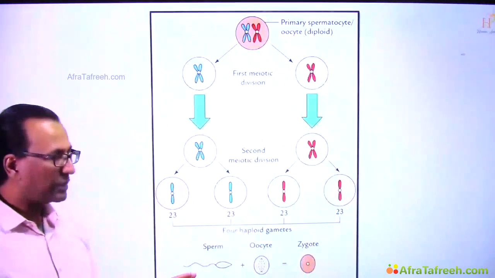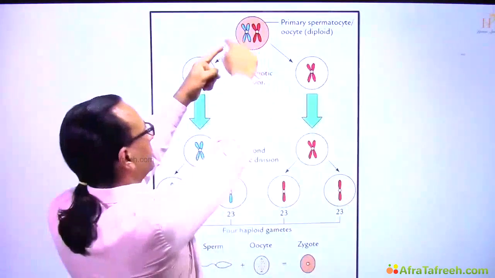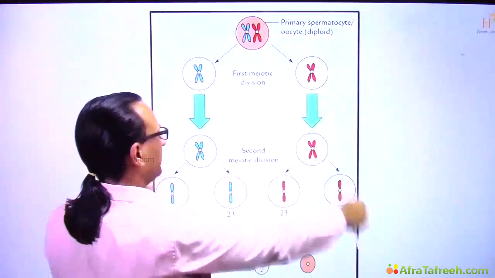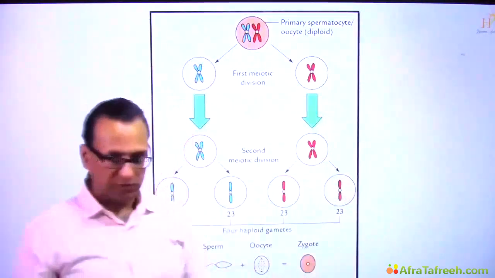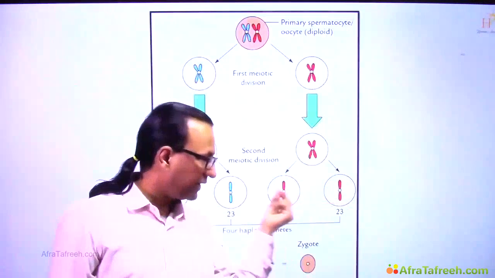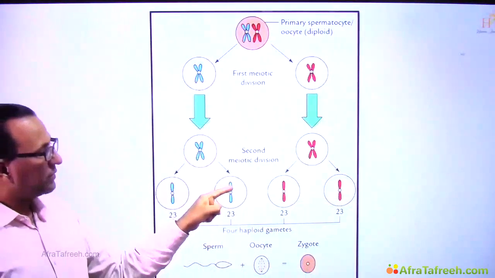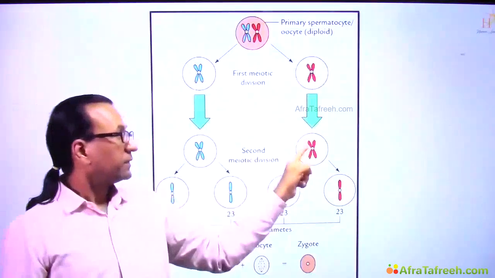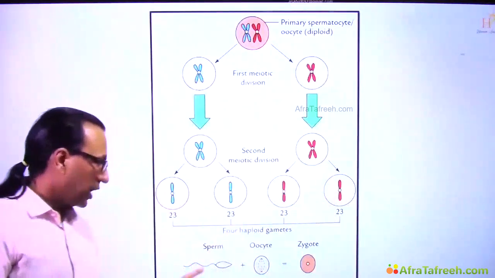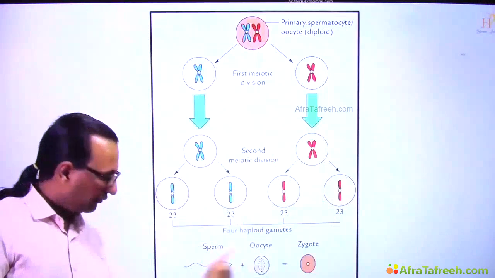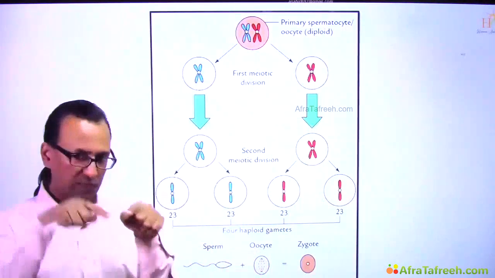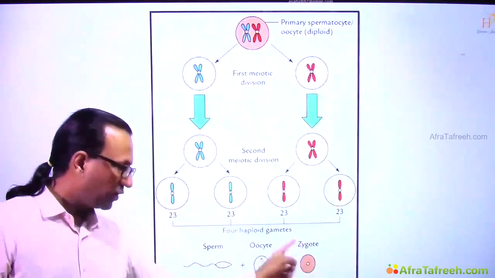In case of a male, you will see there is a primary spermatocyte which becomes a secondary spermatocyte, which undergoes meiosis 2, and then you will have the spermatids. Then you will also notice that a male will have sperm and a female will have oocyte, which will fertilize, and then a zygote is formed.